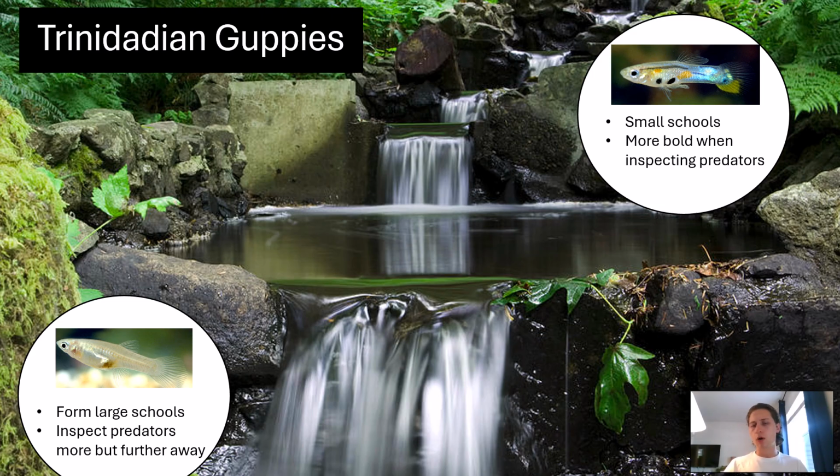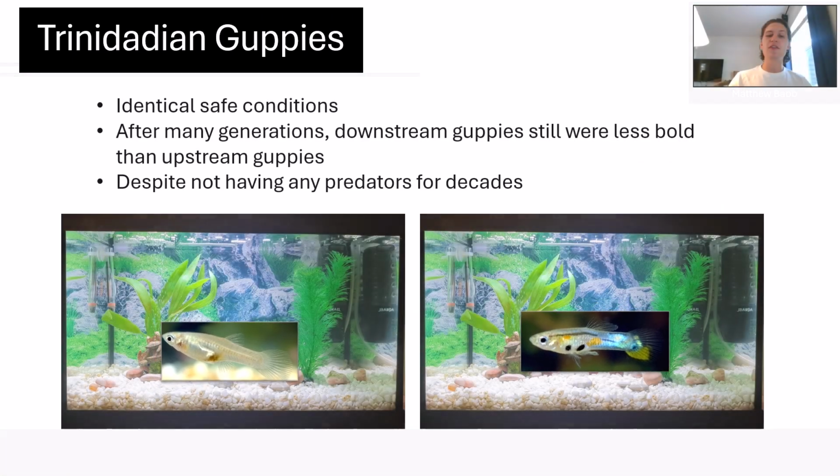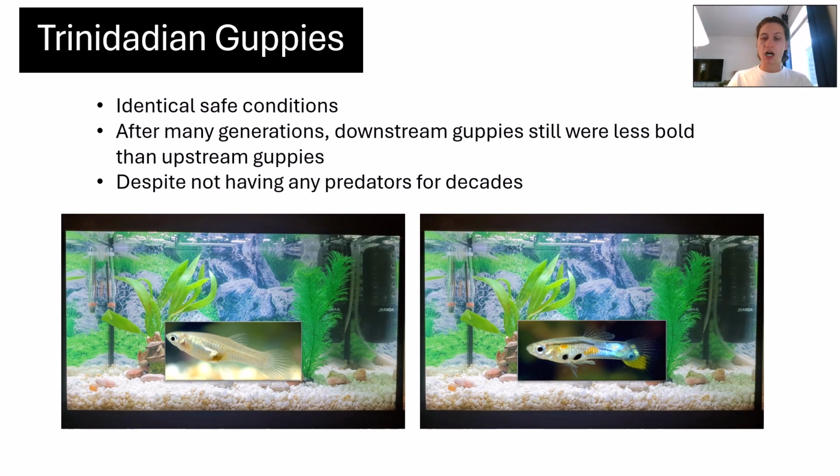But yeah, so what I'm going to do now is go over an experiment that was conducted with this species. What they did is they took a net and captured these guppies and brought them into a lab where they had no predators, they had abundant resources, and they were able to live in a very safe aquarium.